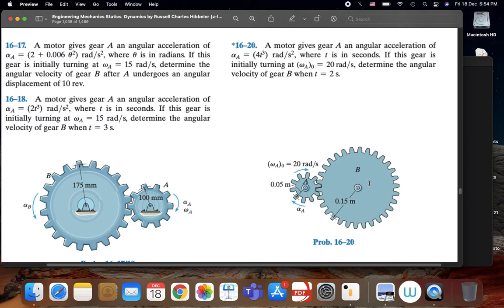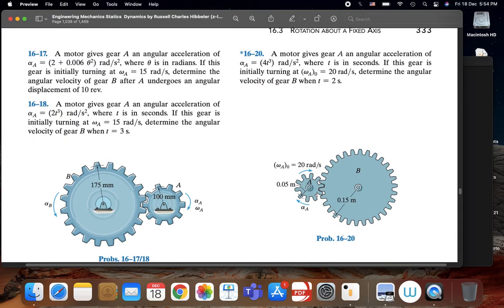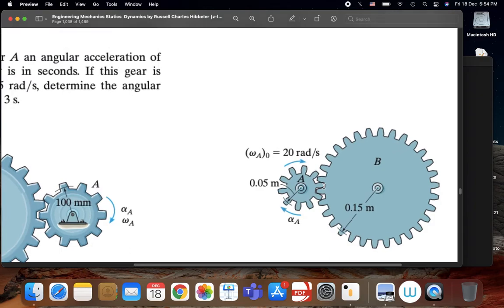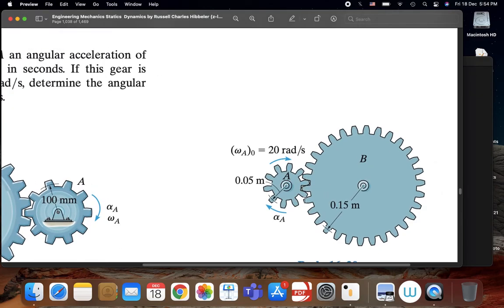So how do you solve these problems? As you see, guys, this gear at A is attached to an engine or some kind of motor, and this motor is causing the rotation of this gear. Now, we have a mesh point between gear A and gear B. The important information from this mesh point is that the tangential velocity of gear A and gear B are equal, and the tangential accelerations of gear A and gear B are also equal.